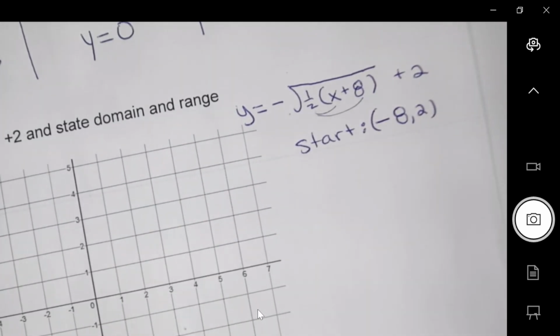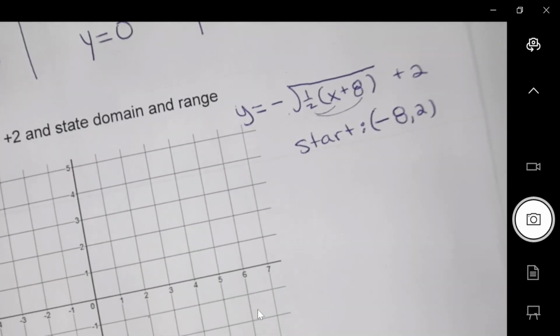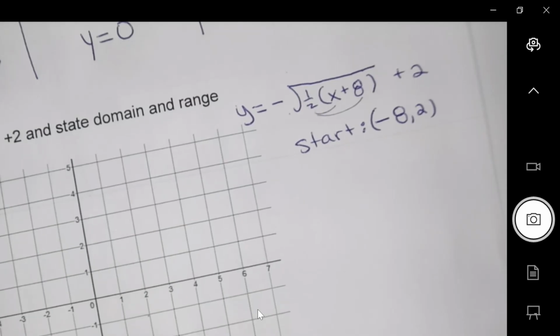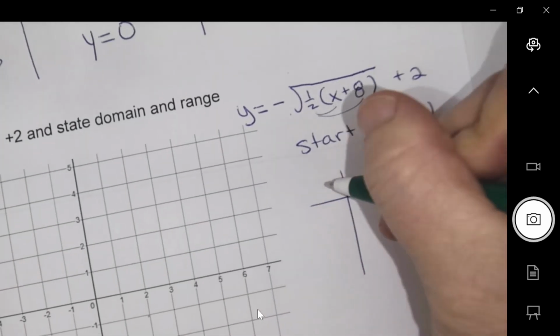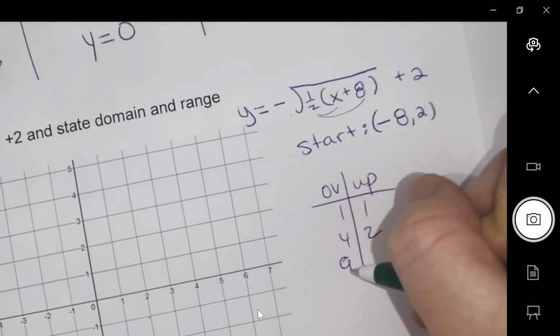You guys know that I'm totally going to put one of these on the test where I try to trick you without the factored out, right? Okay, there's my start. Let's make a chart. Over, up: 1, 1; 4, 2; 9, 3.